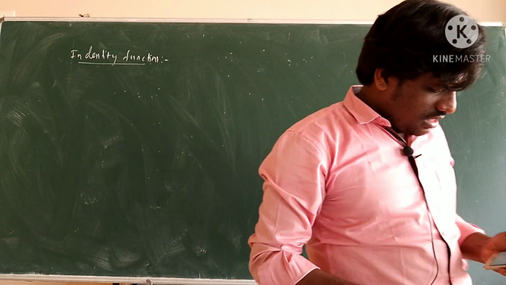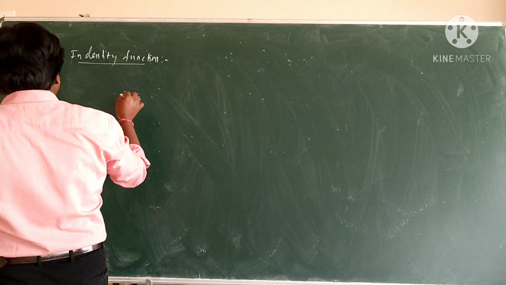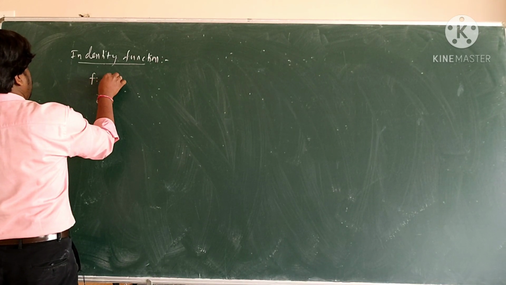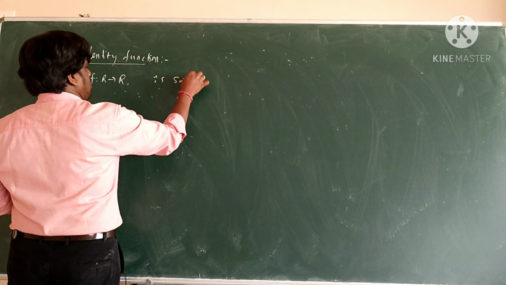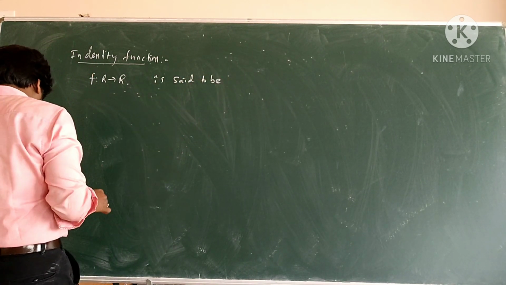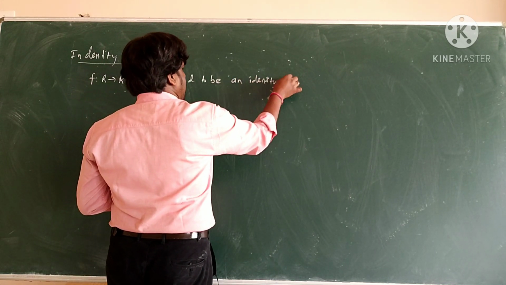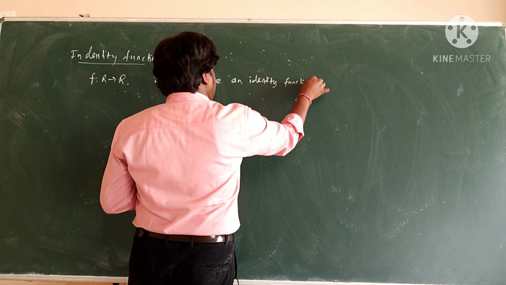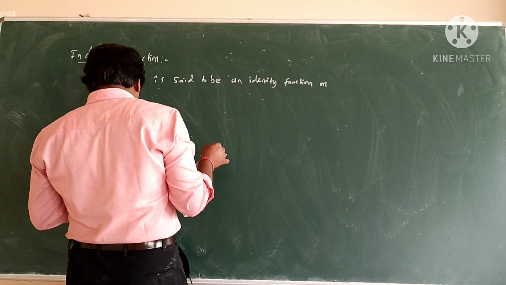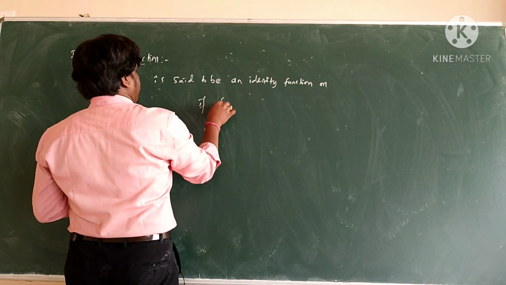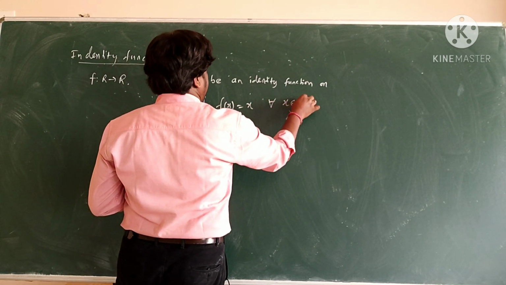You should know what domain and range are, so that is the reason we start with the identity function. f is a function from R to R is said to be an identity function if f of x is equal to x for all x belongs to R.